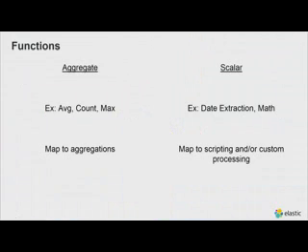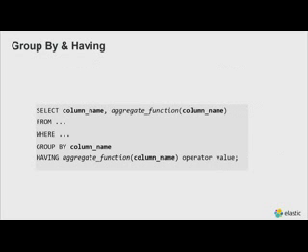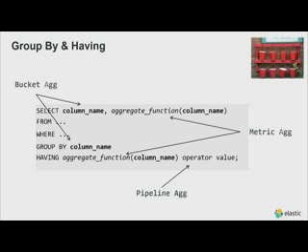I mentioned we support functions, both aggregate and scalar. So you have things like average, count, max, kurtosis, or things like date extraction and math. And they map to both aggregations and a mix of what is called scripting or custom processing. It depends. Again, this footnote there, it depends. So in a nutshell, when you do a group by and having, which looks something like this, I want some columns, apply an aggregation from where, group by, and having, which is group filtering, we do a bunch of things.